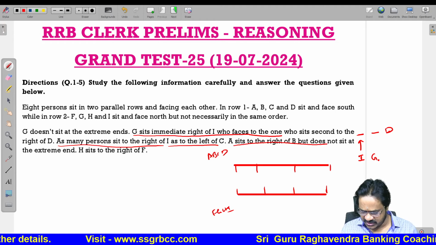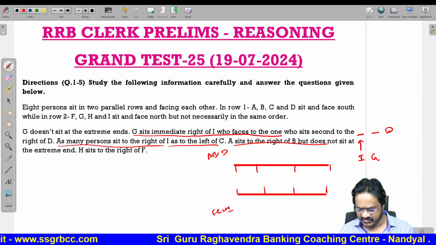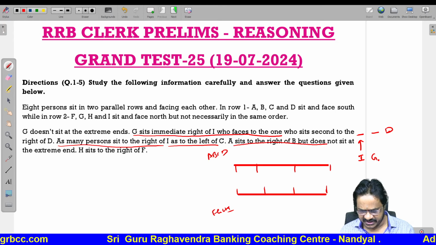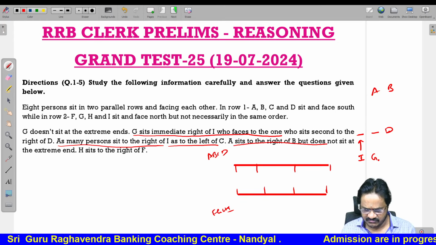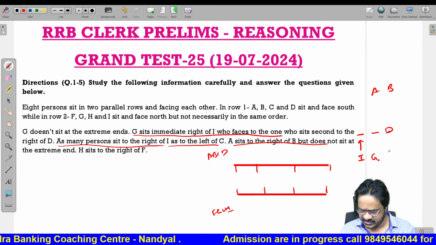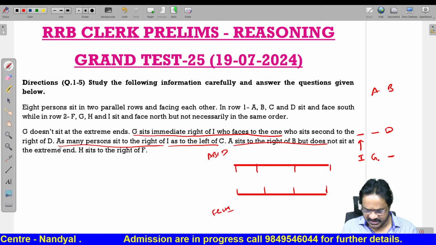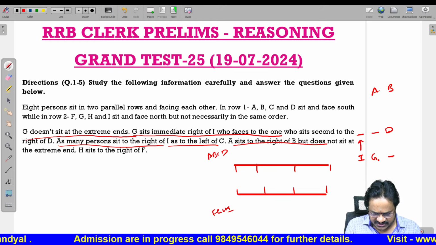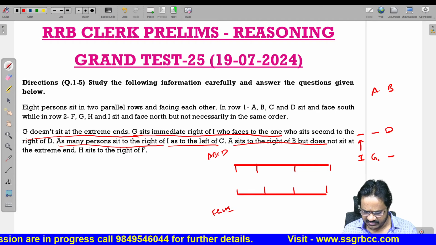A sits to the right of B but does not sit at extreme right. That means A sits to the left of B but it is not to the extreme left. And G does not sit at extreme end. G should not sit at extreme end.